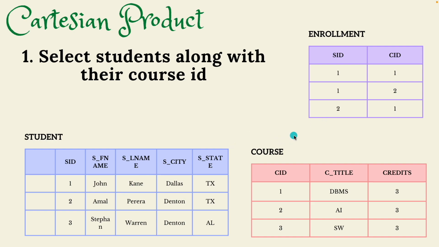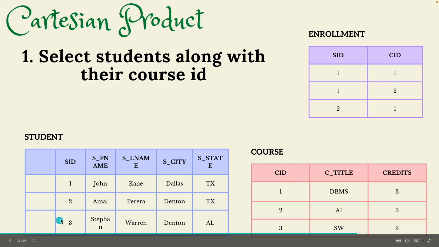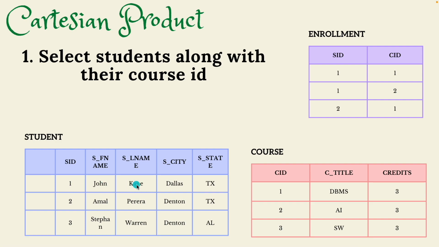In that case, you will have 3 rows, 1 match with this, 1 match with that, and 2 match with this, right? So John will be taking course number 1, John will be taking course number 2, and Amal will be taking course number 1.